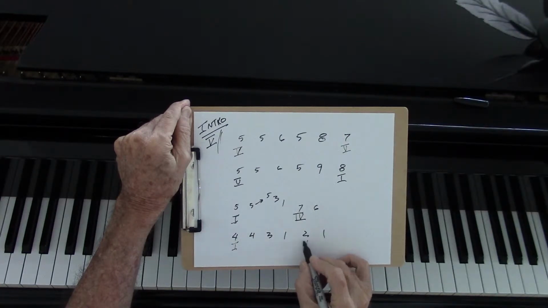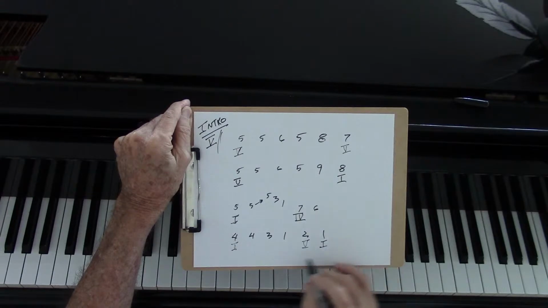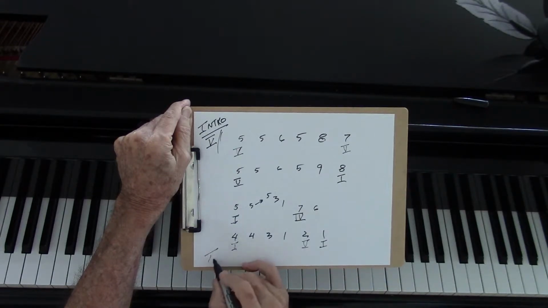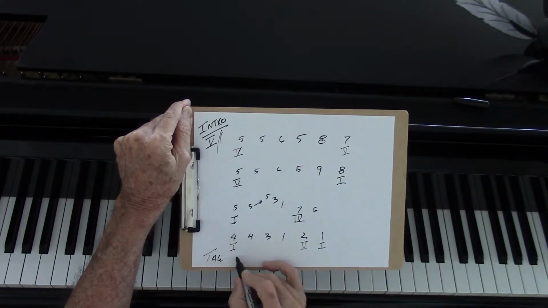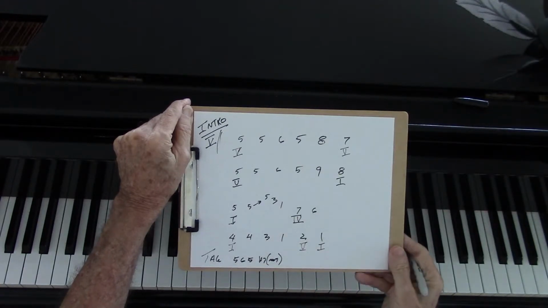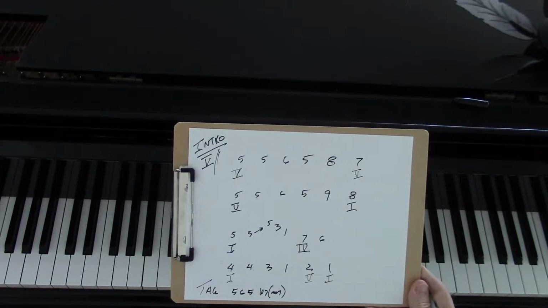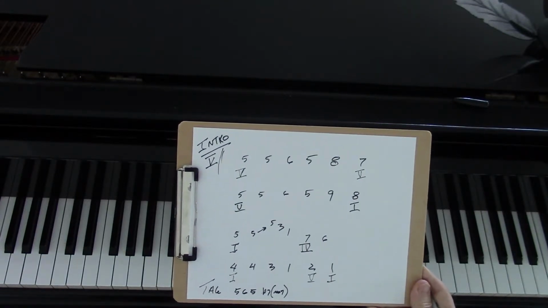And then the dominant, and then the tonic. Then your tag is 5, 6, 5, flat 7, which is minor 7. Okay. Do a roadmap like this, and then you have some idea of where your chord changes will be.